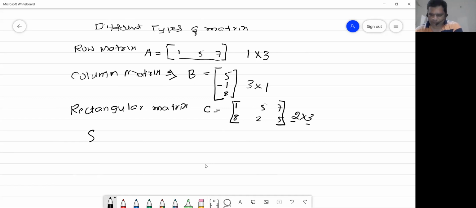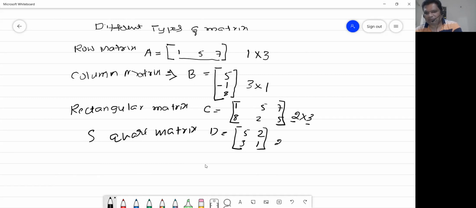Square matrix. What is a square matrix? I will say D, square matrix D. Here 5, 2, 3, 1. This is a square matrix. Here number of rows is equal to number of columns: 2 rows, 2 columns. So order of the matrix is 2 into 2. I will also write a square matrix of order 3. I already explained this in the previous slide, but I will write it here.